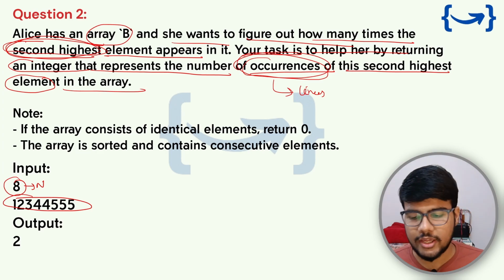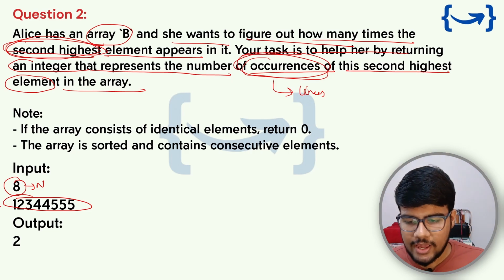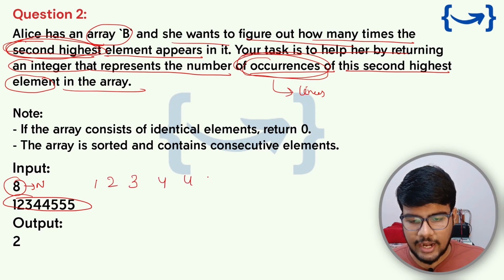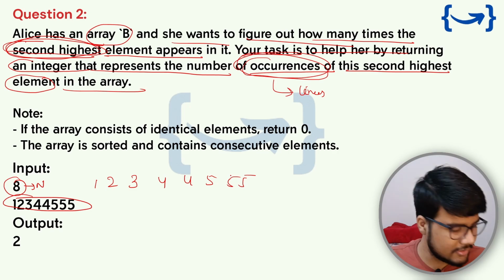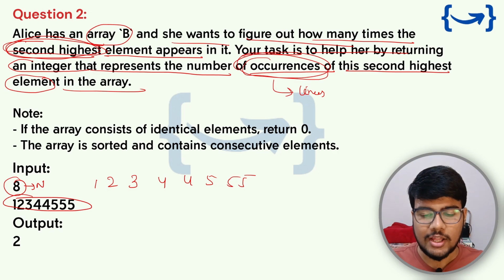I guess the question is pretty simple. I have directly written 1 2 3, but in the questions you will get a space between them. I guess there was a writing mistake here, but you will get a space so that you can put them inside your array. Okay, so now let's see how we can solve this question.